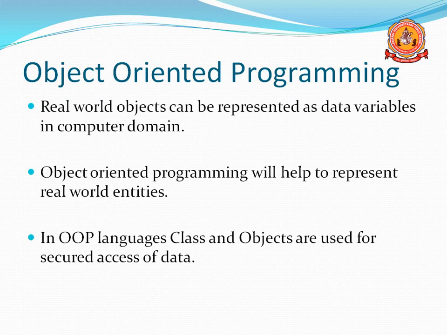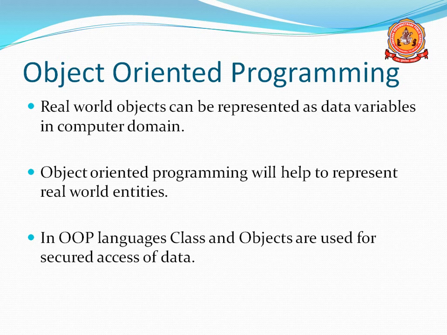In case of object oriented programming language, the main use is we can convert the real world object into data variables in computer domain. If you want to represent any real world entities in computer domain, then we are using object oriented programming language.